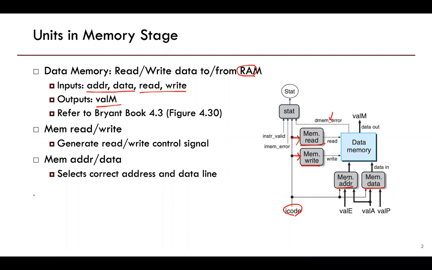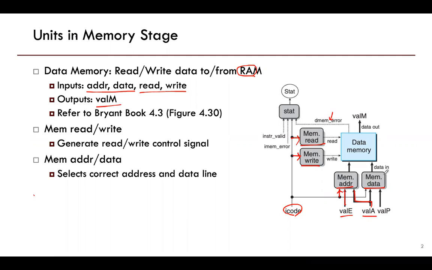The address line can come from valE generated by the execution unit, or it can be from register file value A. It depends on which instruction we are fetching and executing. So we select the correct address line, either valE or valA, again based on the instruction code.